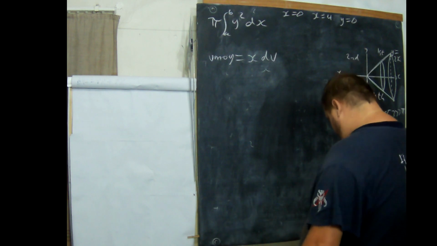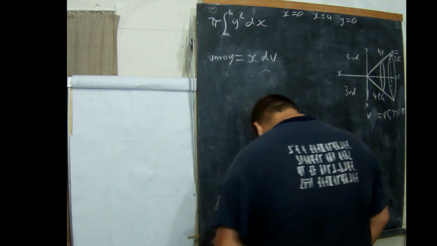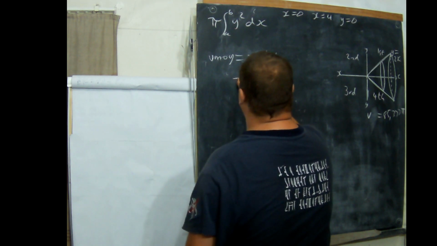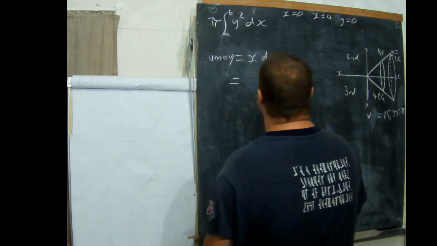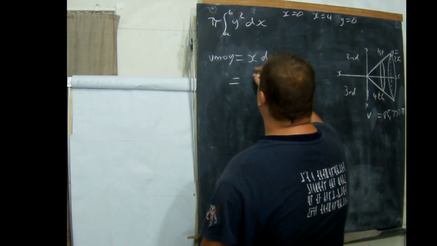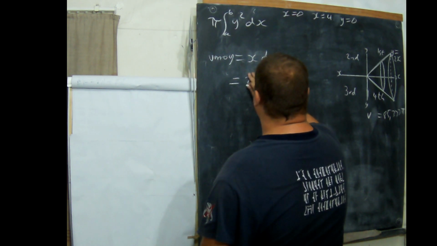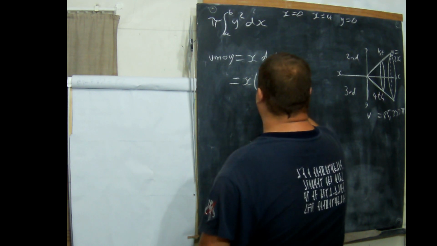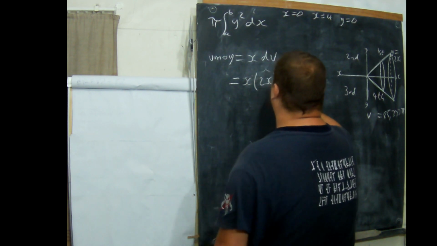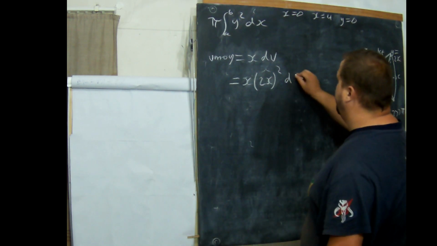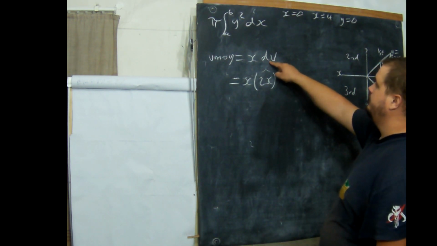So what we are having here is dV, which is pi times y squared dx, which is pi times 2x squared. That's dV.